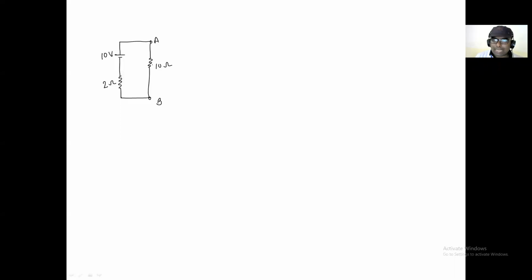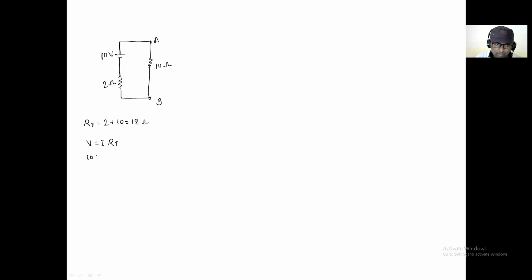Now we will do the analysis of this real voltage source. Can you calculate the total resistance of this circuit diagram? How are these 2 and this 10 connected? Series. So here 2 plus 10 is equal to 12 ohm. Apply Ohm's law: V is equal to I into R total.